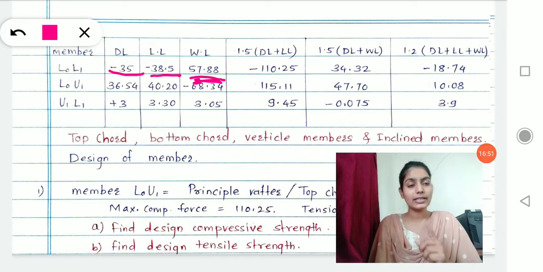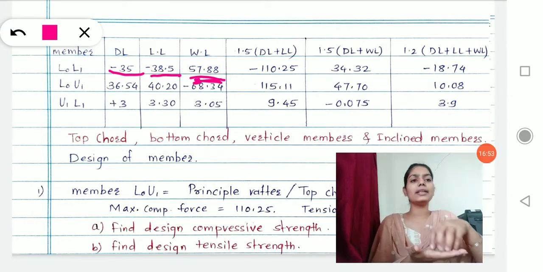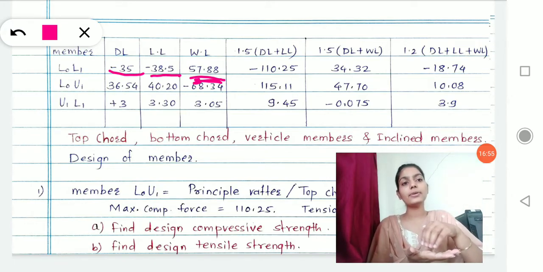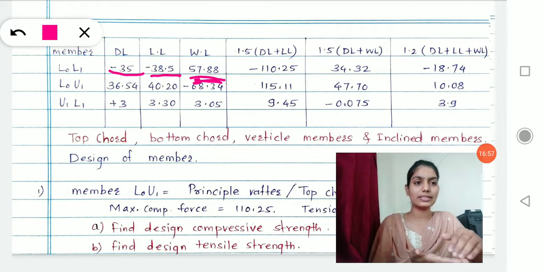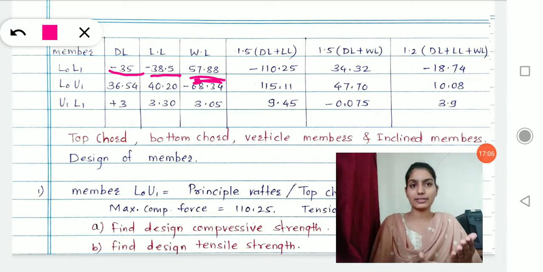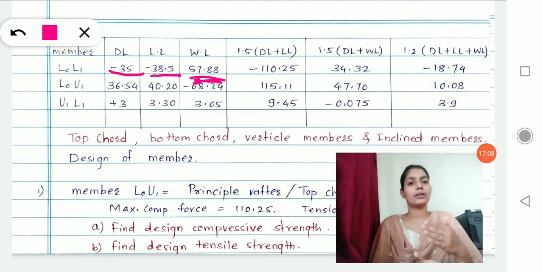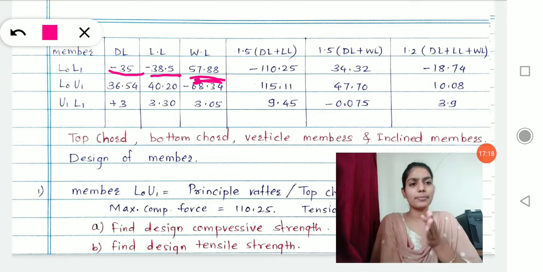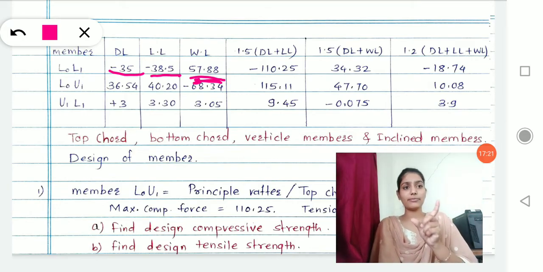For analysis you can separately analyze for live load, dead load and wind load, right? But if my analysis says the force due to live load is negative 38, force due to dead load is negative 35, and force due to wind load is 57, then I am not going to design separately for each, because there is only one member.